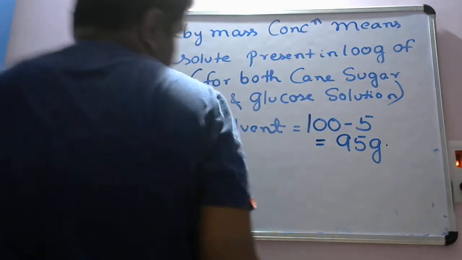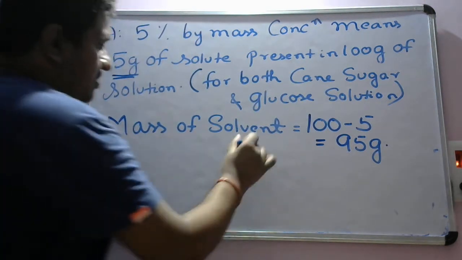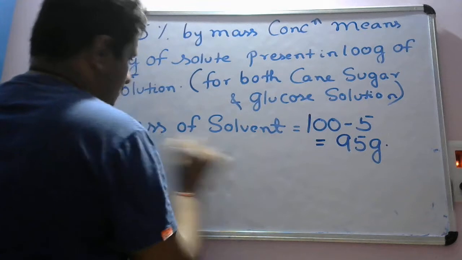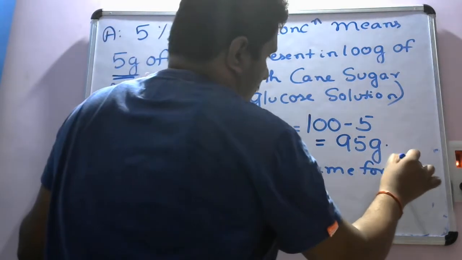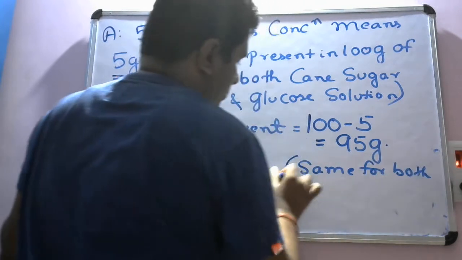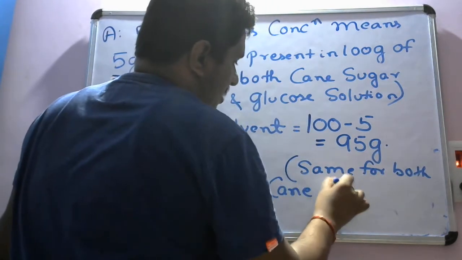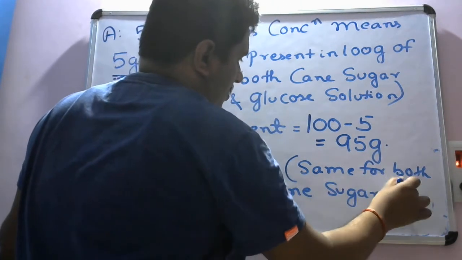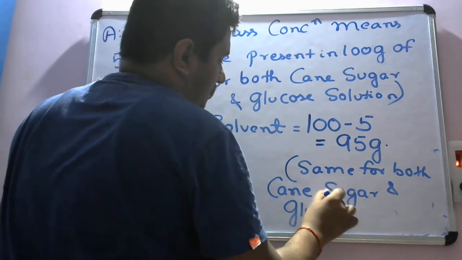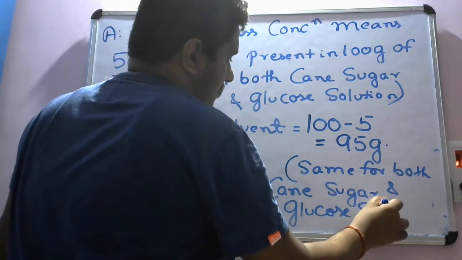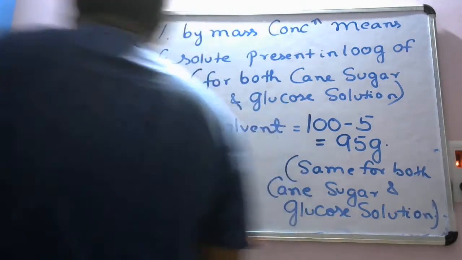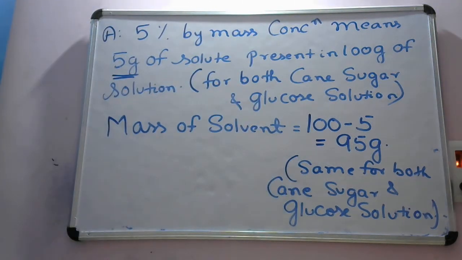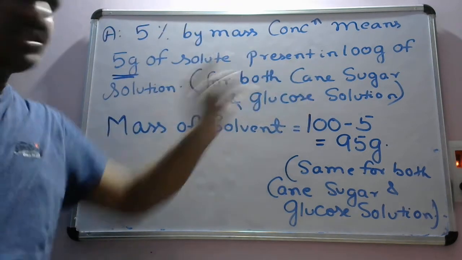And again this is same for both cane sugar and glucose solution, because the concentration of both the solutions is same.